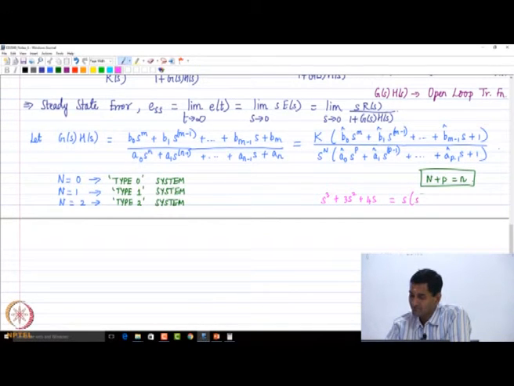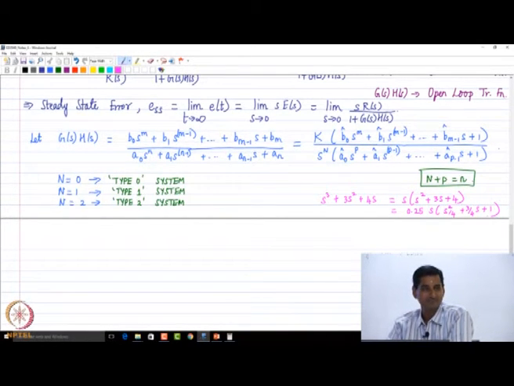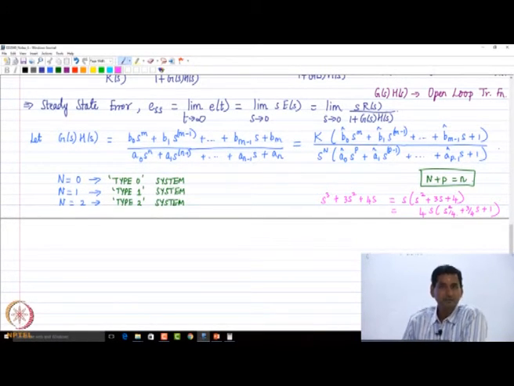Then I can also do this, 3 by 4s plus 1. Am I correct? That's what I have done. Did I do it correctly? No, this is 4, right? I am pulling out 4, then I will get this. Correct?